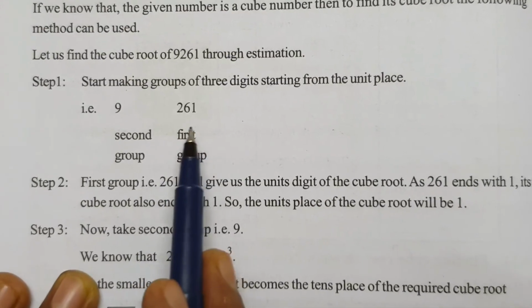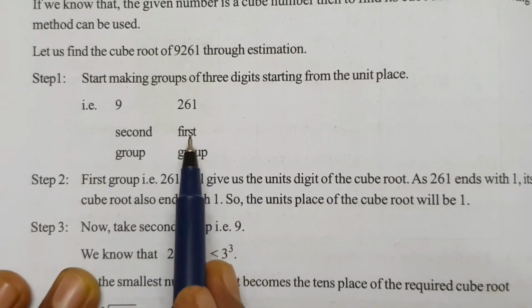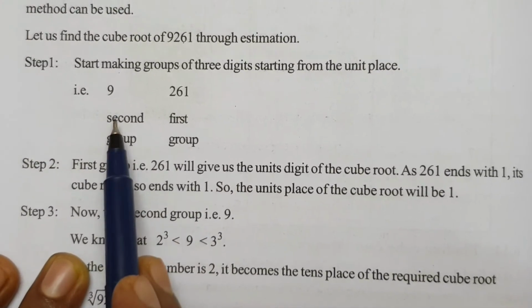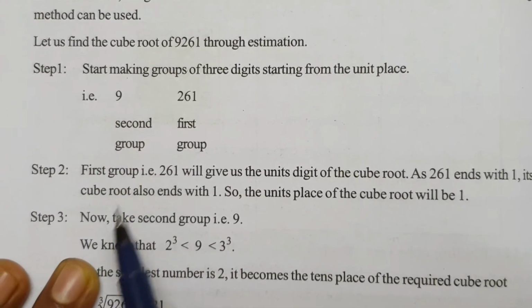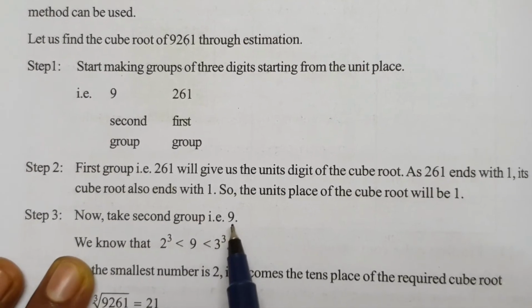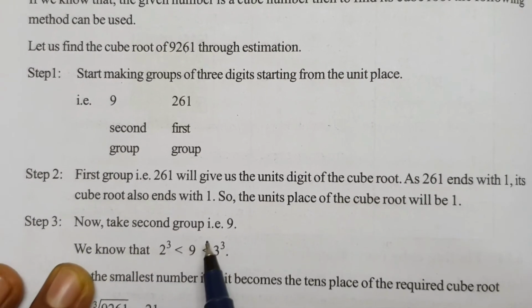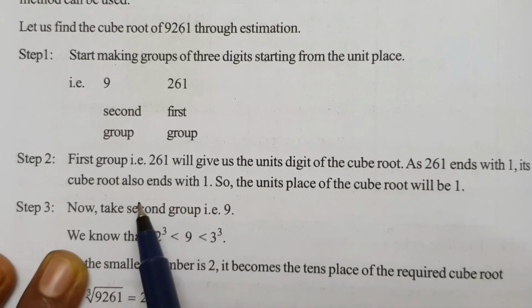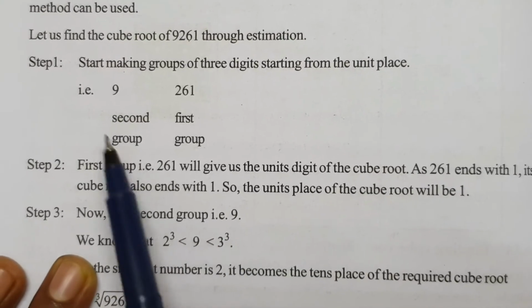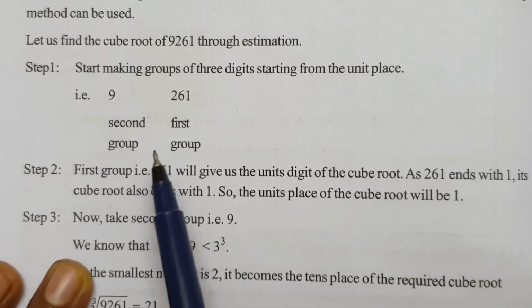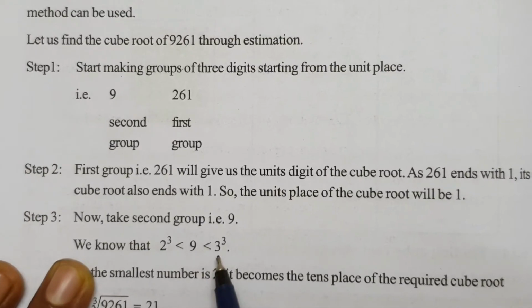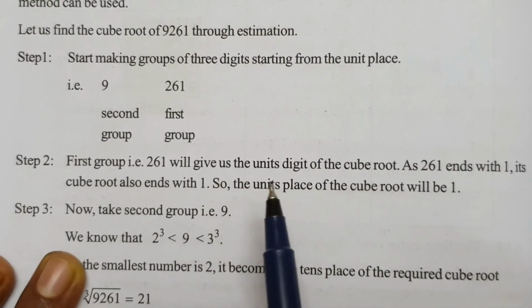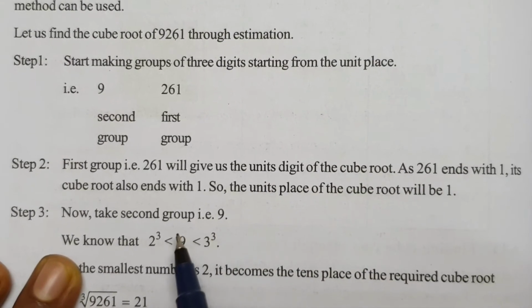Units digit will be 1. How is it understood? Next, observe the second group: 9.